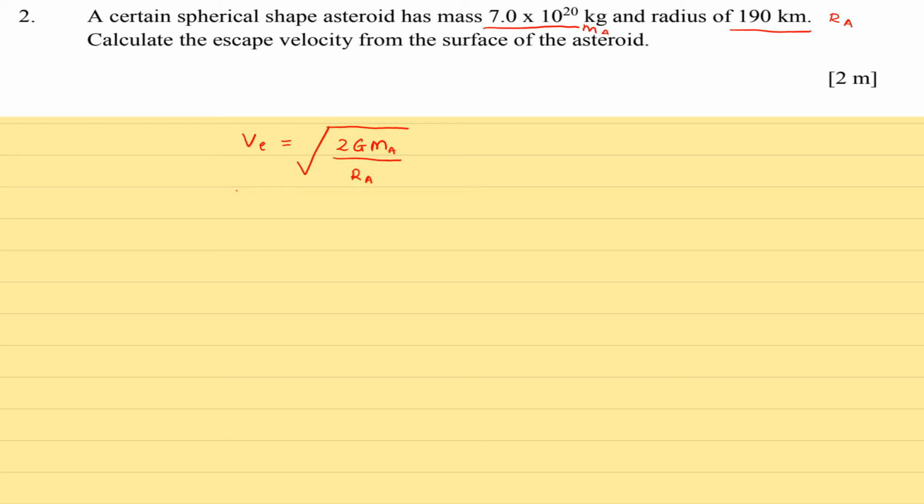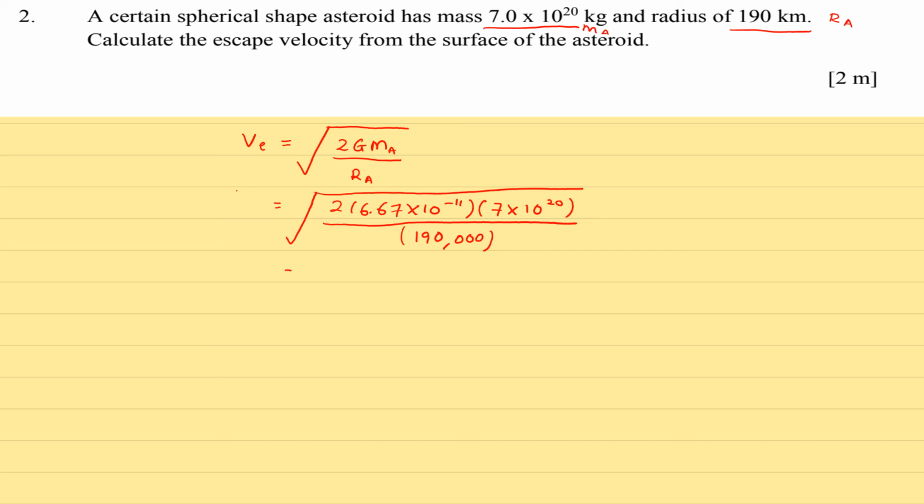So equals square root of 6.67 times 10 to the power of negative 11 times 7 times 10 to the power of 20, divided by radius 190,000, make sure in meter, and square root. So the answer is 701.01 meter per second.